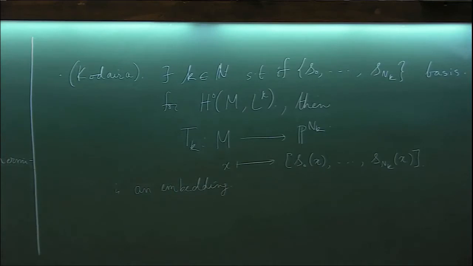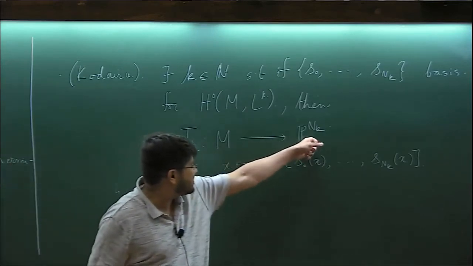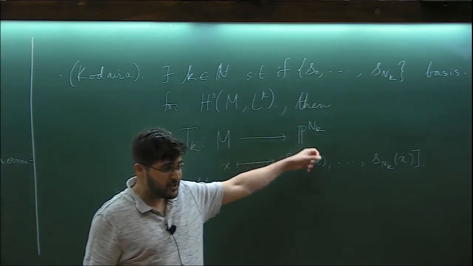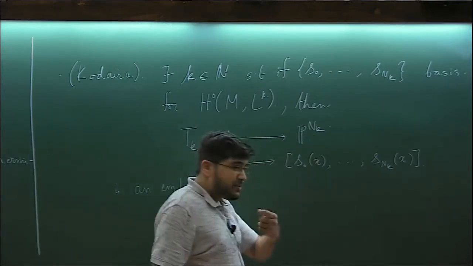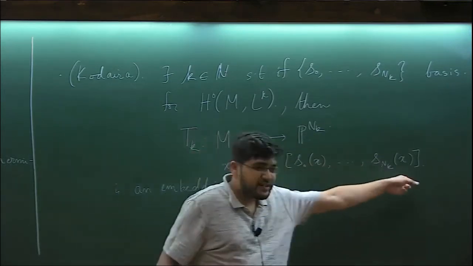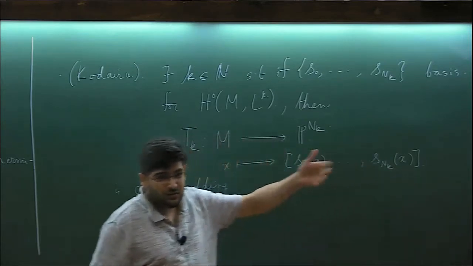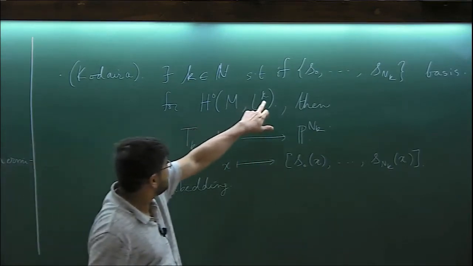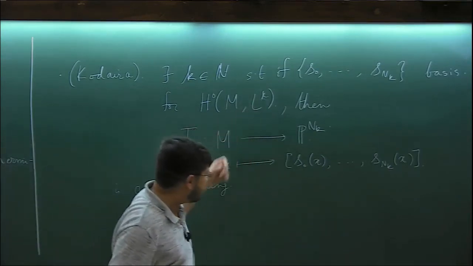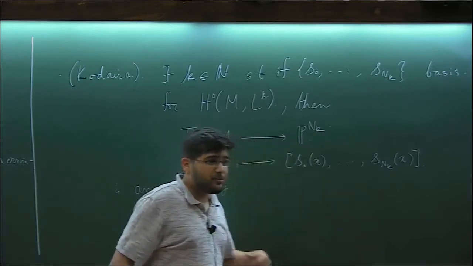Okay, so firstly, it's not even clear that this should actually give us a well-defined map into the projective space, because if you're unlucky, what might happen is that there might be a point x where all of these sections vanish, right? And then, of course, that wouldn't give you a point in the projective space. So not only does this say that if I raise this to a high enough power, you actually get a well-defined map, but that map is also an embedding.